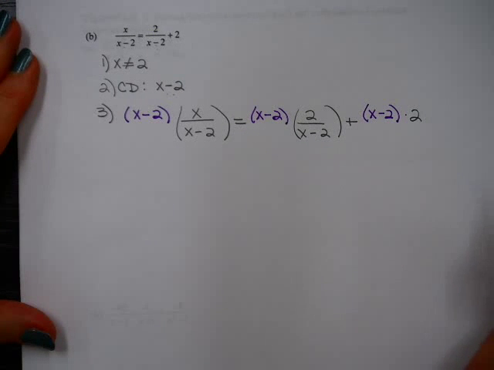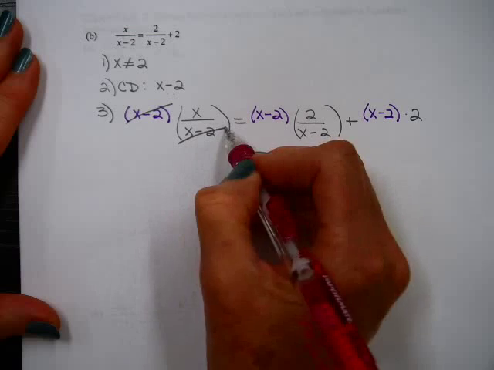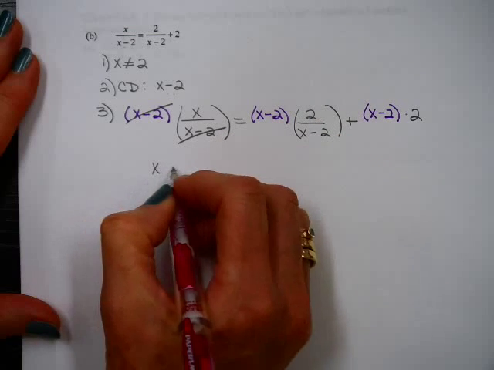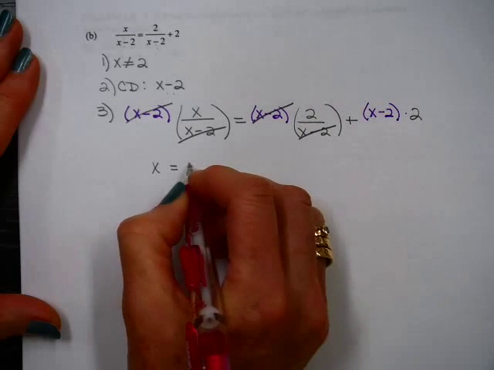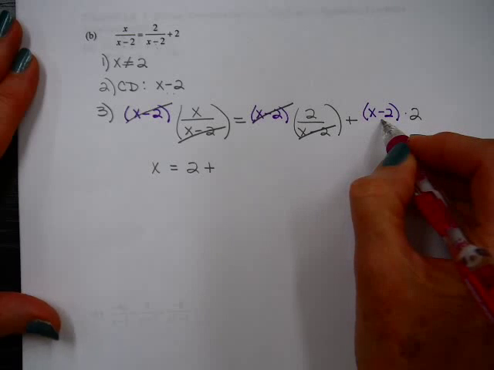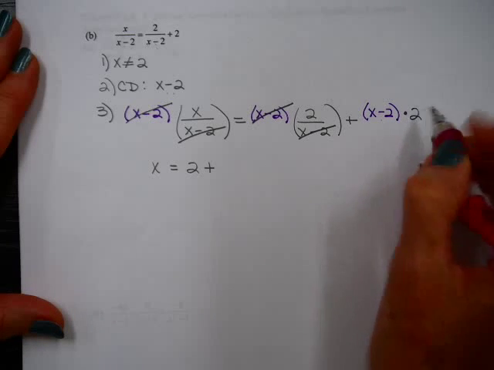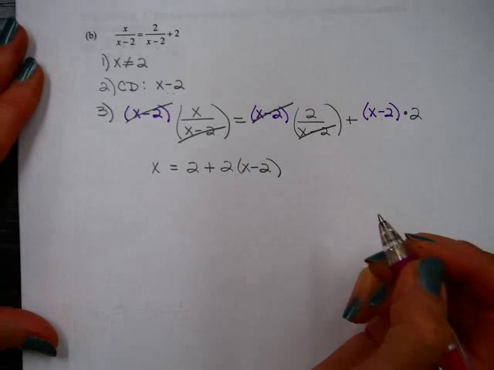Remember, while we're doing this, we're trying to get rid of our fractions, so our denominators should cancel away. x minus 2 cancels with x minus 2, and I have x equals. x minus 2 cancels away. I'm left with 2 plus, nothing cancels here because I didn't have a fraction anyway, so I'm left with 2 times x minus 2.